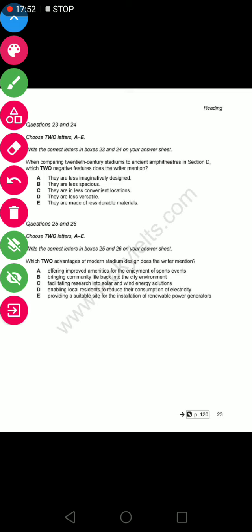For example, you check the information from the passage, and after that you get the idea that A is not our answer, and then you get the idea that C is not our answer. So in this way you only have 3 options, B, D and E. So in this way you can easily decide your answer.